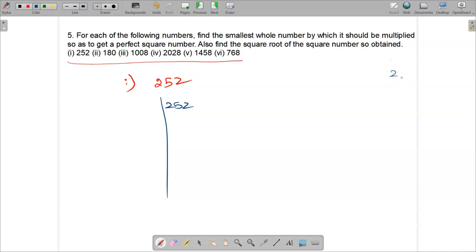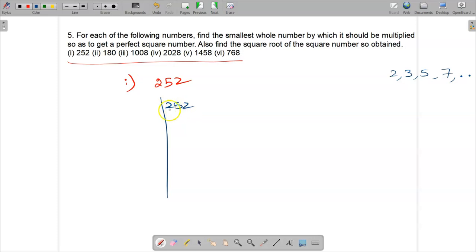So we have to divide by 2. If it is not possible, then we have to check with the number 3. Again with 3, if it is not possible, we move to the next numbers 5, 7 and so on, okay. So always we first divide the number by 2. Only if it is not possible, we move on to the other prime numbers.